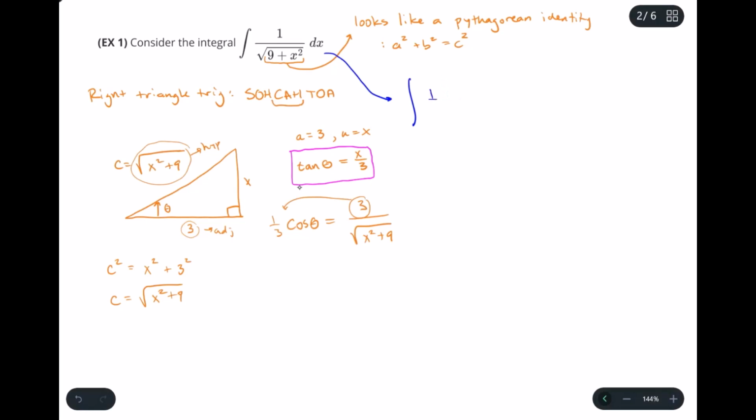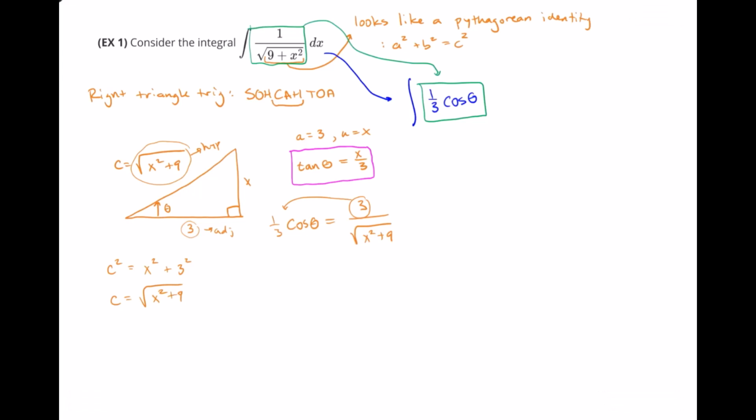So all of this gets replaced with this. Okay, now, dx. What's going on with dx? I can't integrate something in terms of theta dx. It doesn't make any sense anymore. So I actually have to have something in terms of d theta. How do I change this into a d theta?